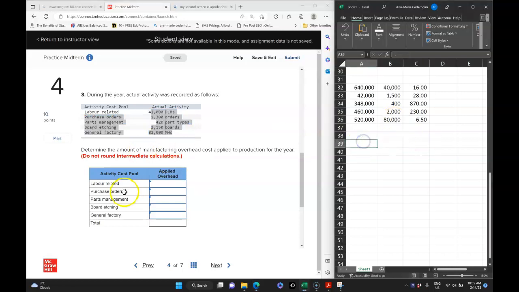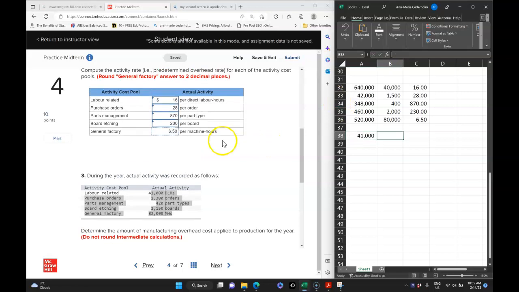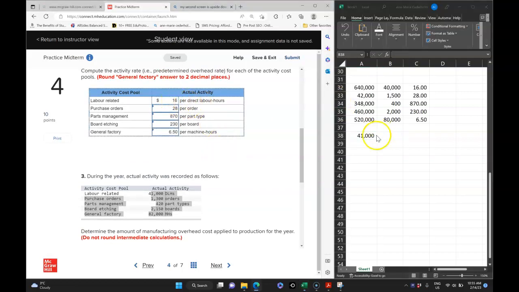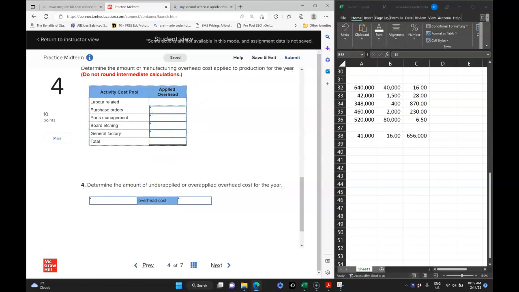So my labor related, I'm going to take my 41,000 direct labor hours, and then I'm going to multiply it by my direct labor predetermined overhead rate. So it's this number right here, the $16 that I calculated. So then for labor related applied overhead, I'm going to put that down as 656,000.